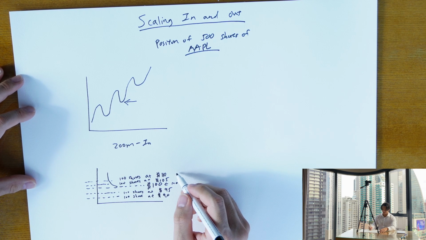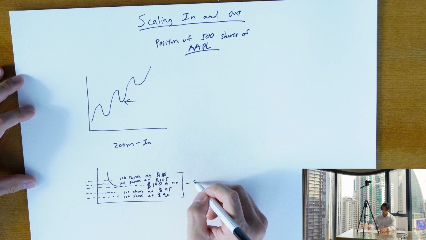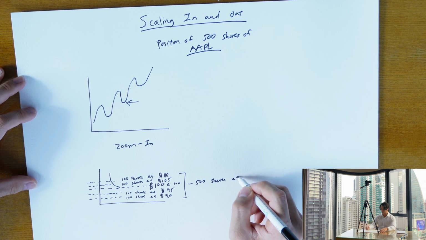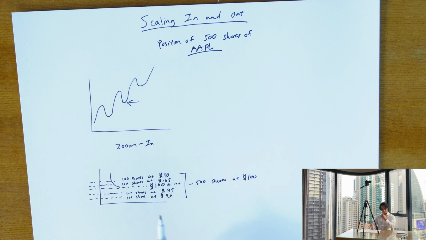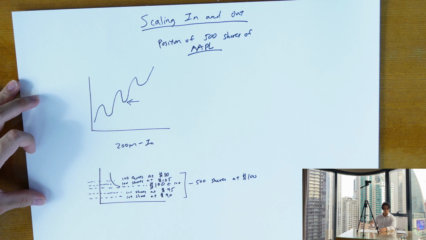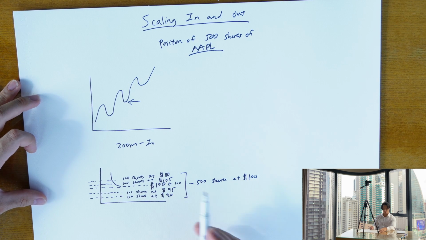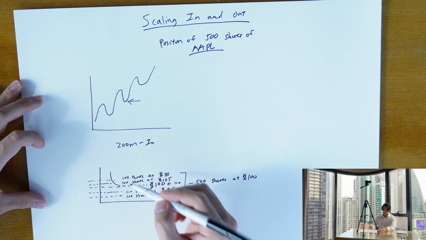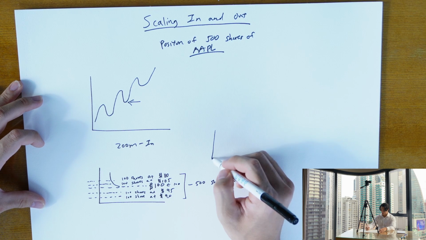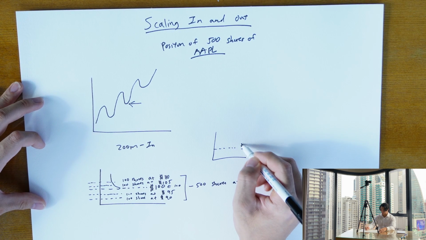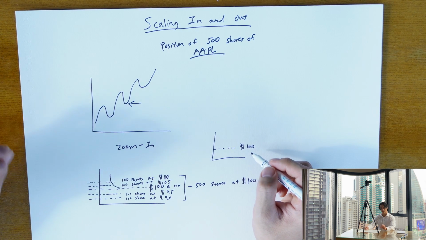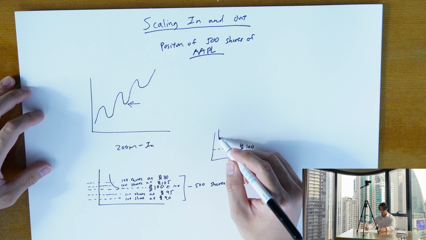So if you average out these positions, it comes out to a position of 500 shares at $100. But the reason why I want to start entering the position with partial size at $110 is because the price may not come down to $100, right? What if you want to enter the stock at $100, but the stock never even reaches it?